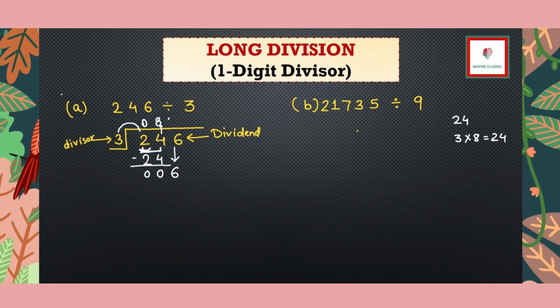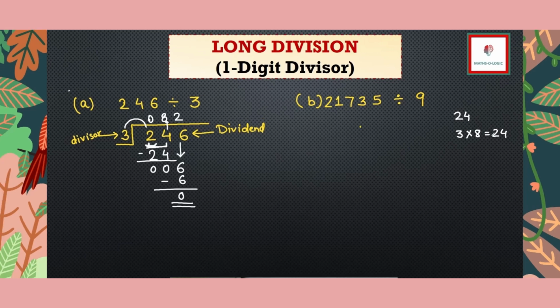So 3 times 2 is 6. Now I will subtract 6 and 6, I get 0. So the quotient is our answer, where quotient is 82 and remainder is 0.